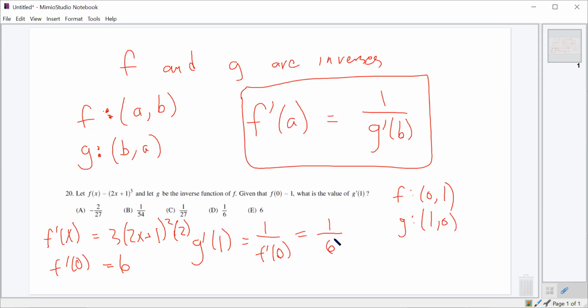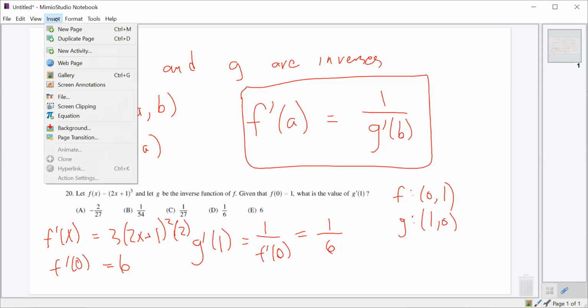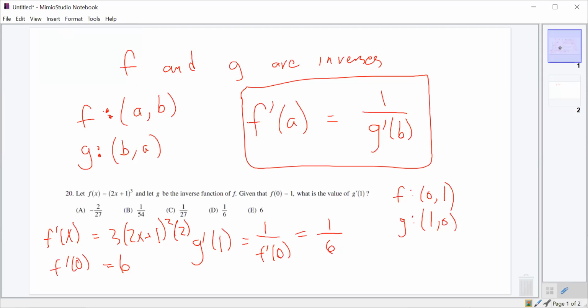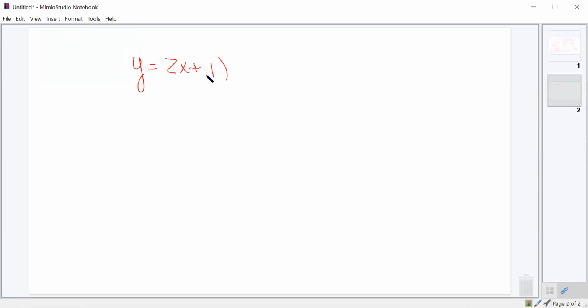Good. Cool. Now, the other thing you could do, if they give you the function, is find the actual inverse function. Y equals (2x plus 1) cubed. We should know how to do that, right? It's x equals (2y plus 1) cubed, and then you solve.